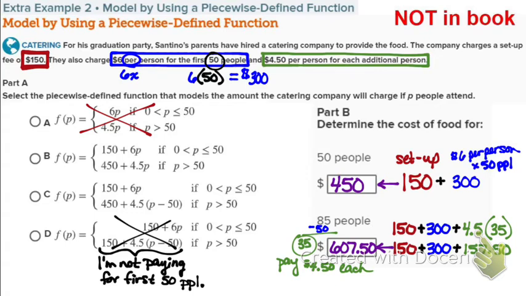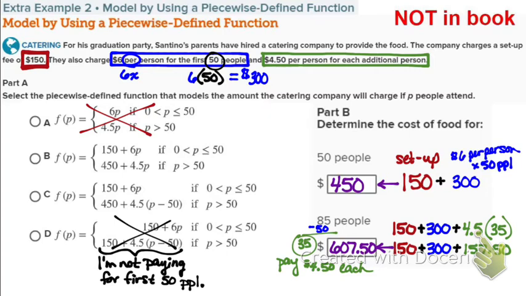So now I'm narrowing it down between these two. What's the only difference between these two choices? Yeah, this one has P minus 50. This one has P. What does P represent? People at the party. Do I only pay $4.50 a person if I have more than 50 people coming? No. I pay $4.50 a person for everybody that comes after the first 50.